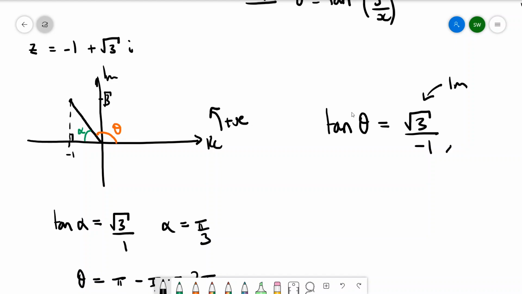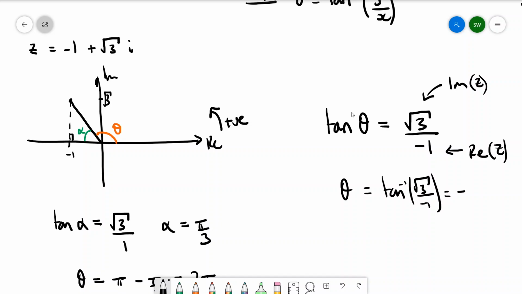And if you just typed into your calculator theta equals inverse tan of root 3 over minus 1, then actually your calculator will give you an answer of minus pi over 3.